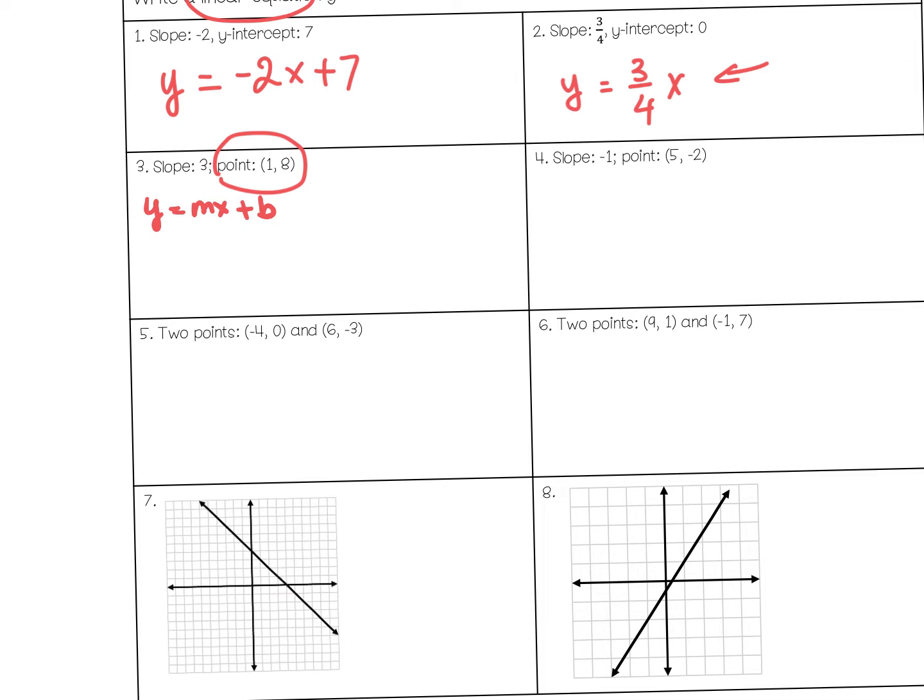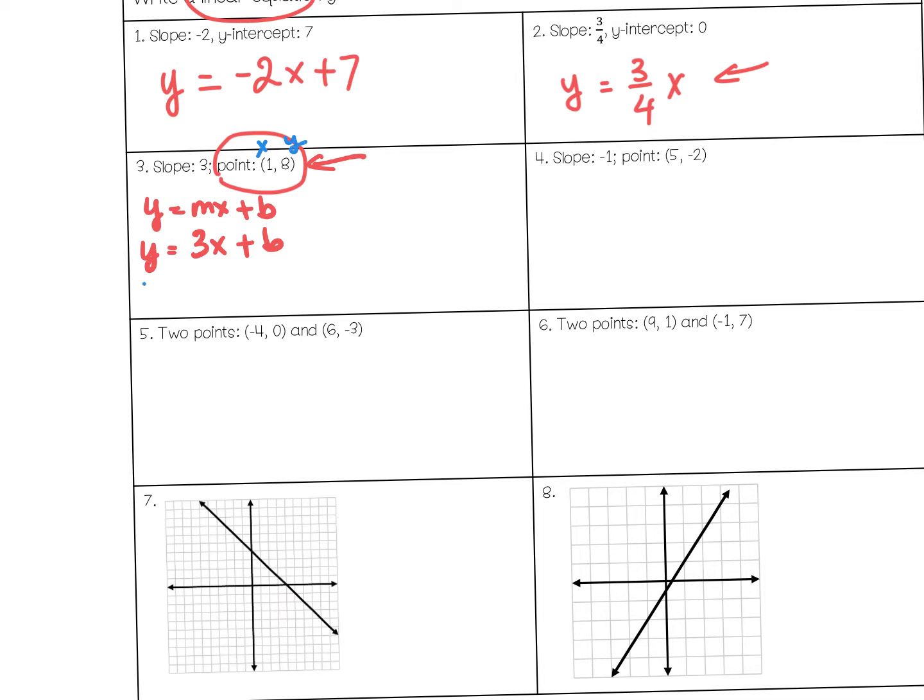Slope is 3, we know that, so y equal to 3x plus b. We need to know how to find b, which is missing. However, we have the point right here, so we are going to substitute 1 for x and 8 for y, and then find b that way.